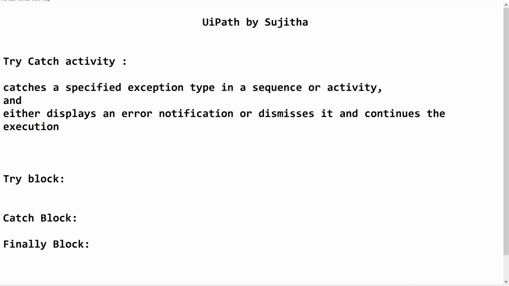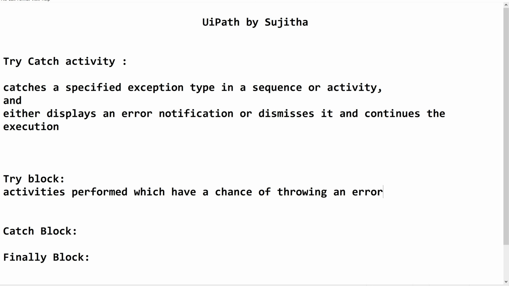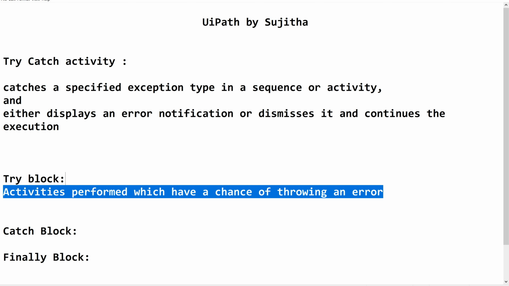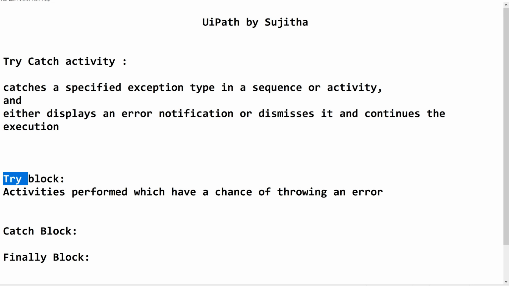But the only difference is the try block contains the activities which are prone to error, right? I can say this way, it contains the activities which have a chance of throwing an error. The activities which have a chance of throwing an error go into the try block.